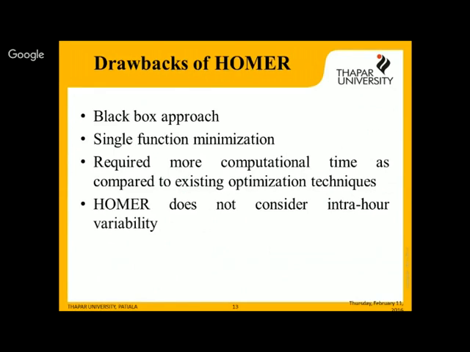And sometimes it happens, see, the disadvantage of this software tool is that of our conventional method. Suppose I do a mathematical modeling of the system, and I find out the optimal size by using any method. Let's say I'm using a genetic algorithm, for example. Most of the time, these existing algorithms provide you a better result.